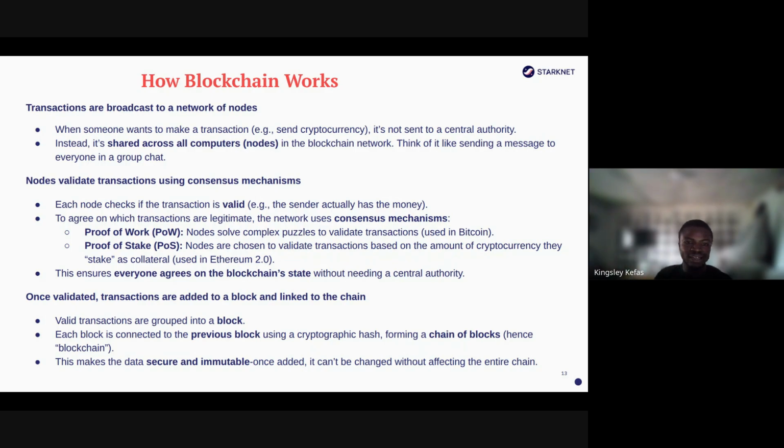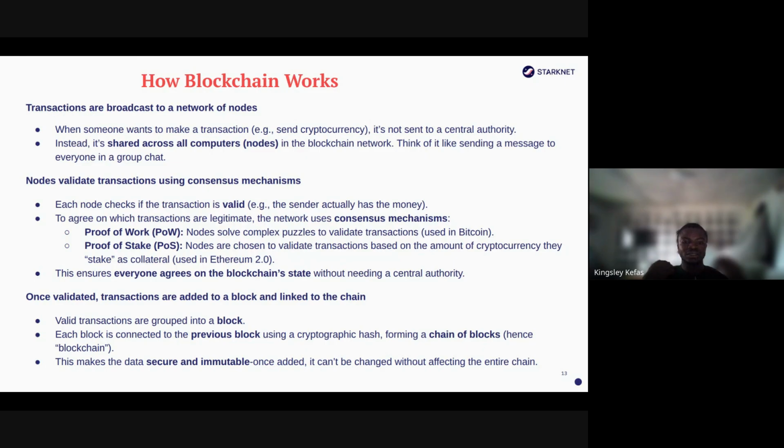The next step is that the nodes validate the transaction using the consensus mechanism. You recall what we said about consensus: it is a set of rules that everybody must agree with.